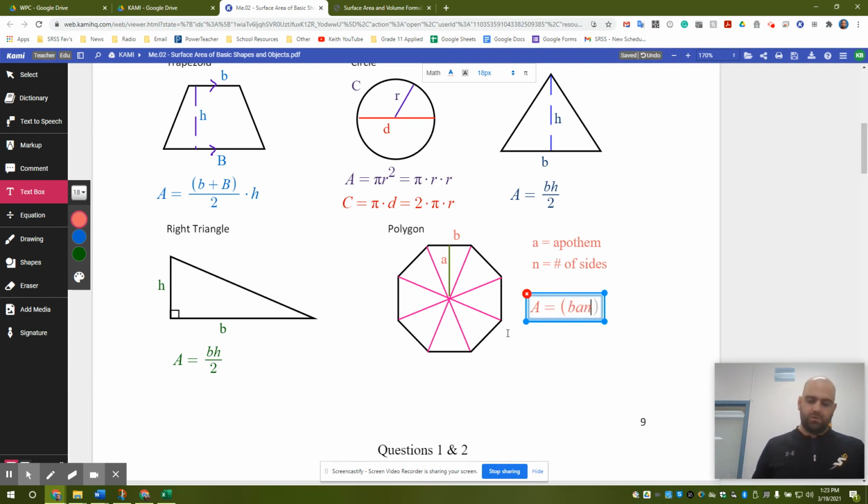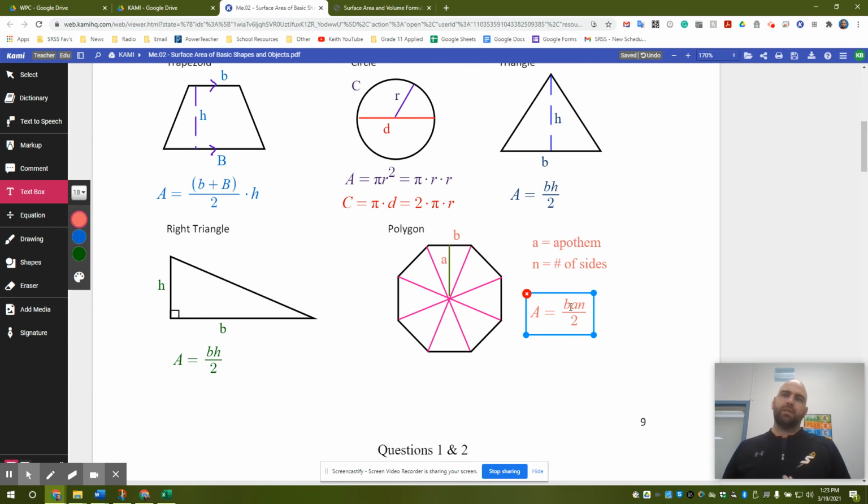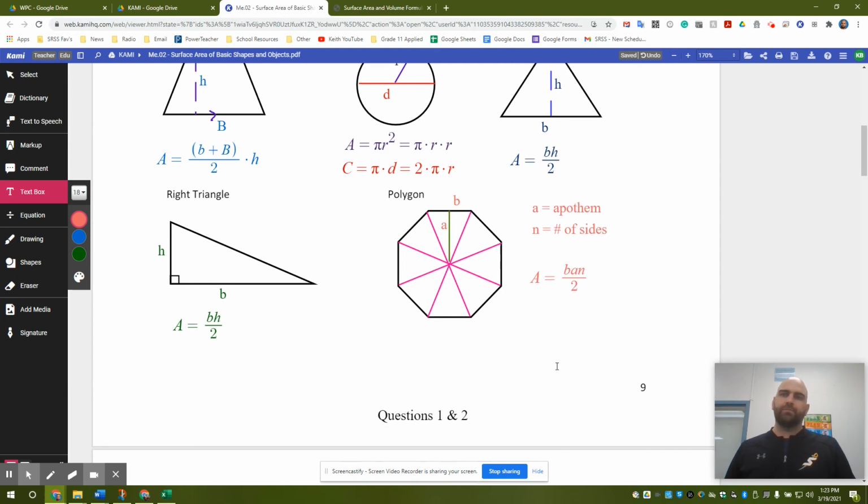But we're actually going to include our number of sides as well, and then divide the whole thing by 2. So to find the area of a polygon, we do the base length times the apothem times the number of sides, and then we divide that by 2, and that's going to give us the area of a polygon. This part here, BA over 2, is our triangle, N is the number of sides, but we can just multiply that all together in one shot.